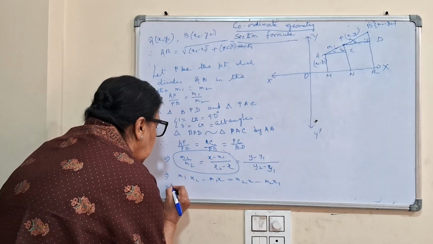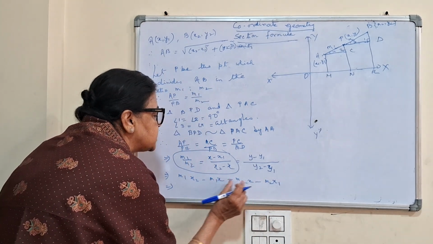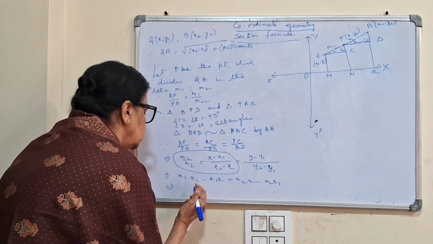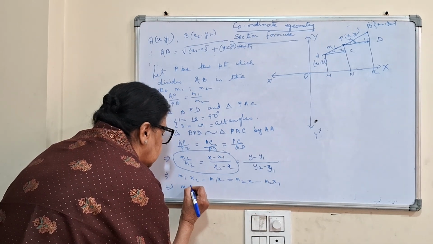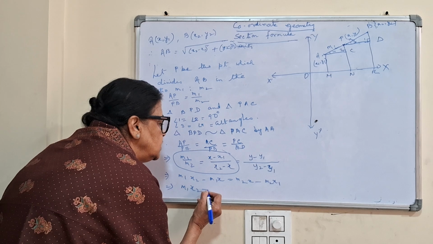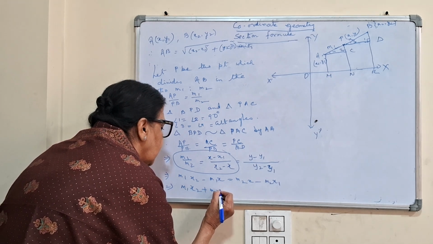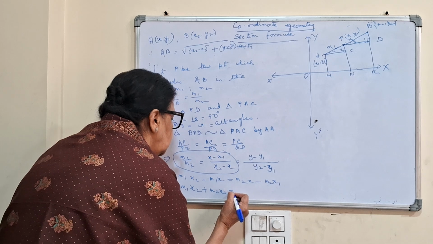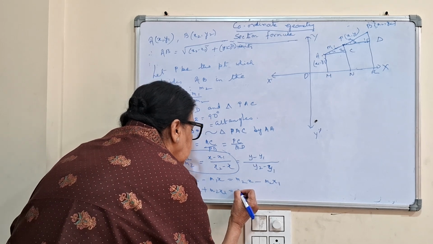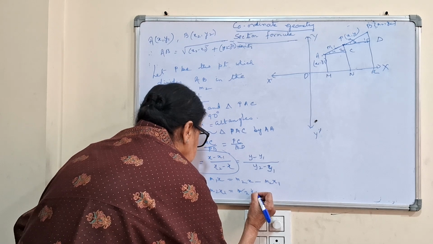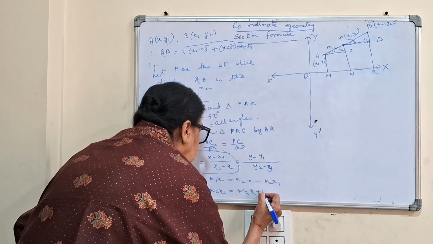I bring all the x terms together: M1 x2 plus M2 x1 is equal to M2 x plus M1 x.